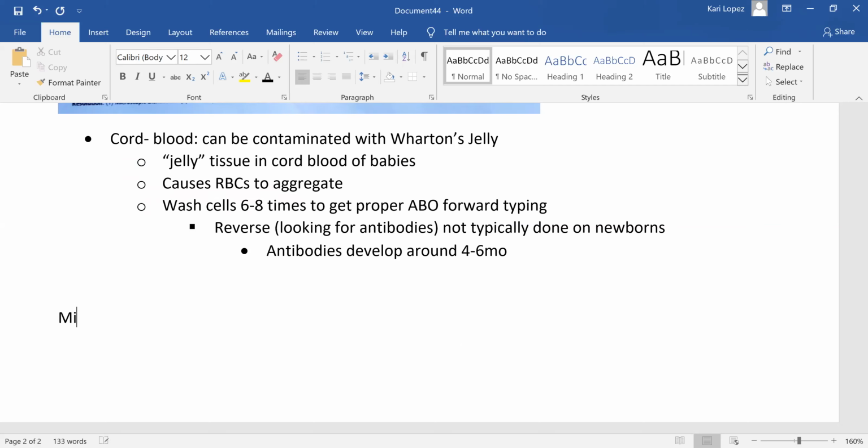Then our next one's going to be missing or weak antigen.